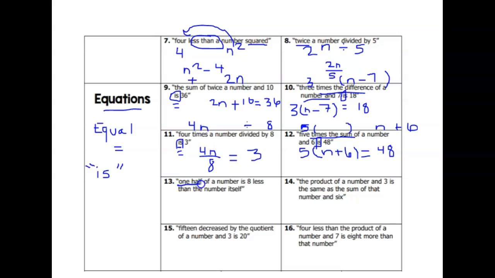Well, 1/2, remember that was division, okay? That just means dividing by 2, or 1 over 2. So 1/2 of my number n is 8 less than, okay, is 8 less than. And the is statement, here is the is statement.